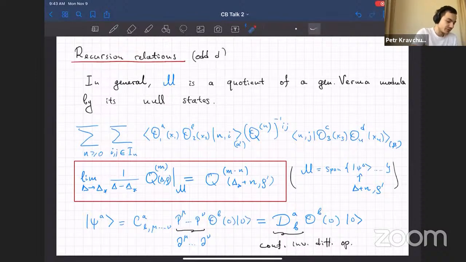To actually show that this is the case is a bit heavy on notation, so I'm not doing this very explicitly.